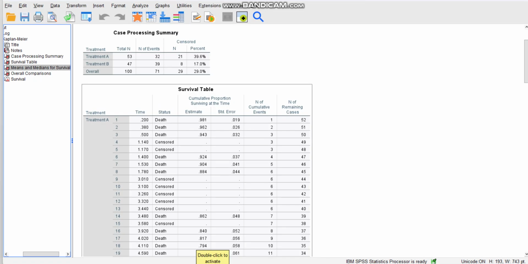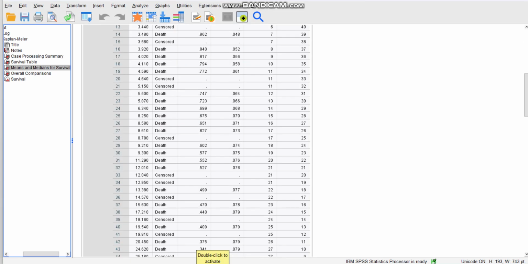For example, after around 1.4 months in treatment A, 4 died, so the survival rate here is 92.4. After 3 months, these are censored. After 3.48 months, 7 died, and now the survival rate is 86.2.